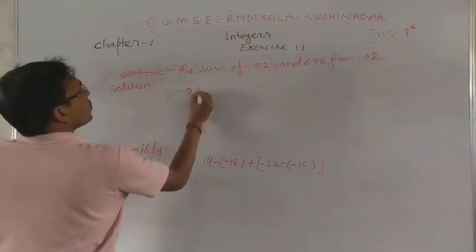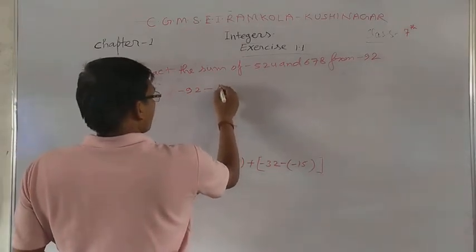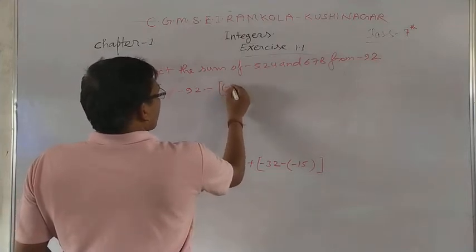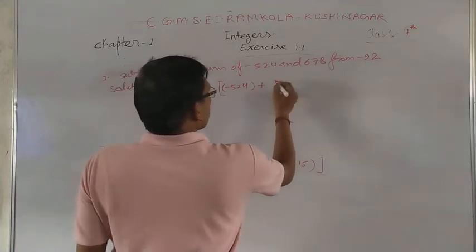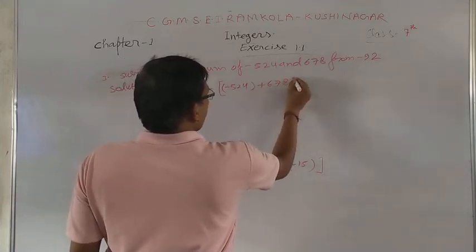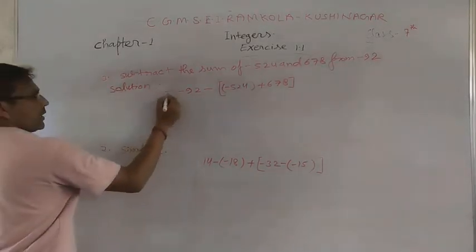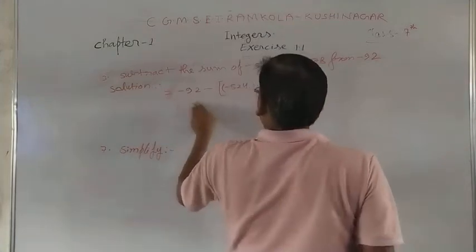So minus 92 minus, in brackets, minus 524 plus 678. This is the condition of the solution for this question.